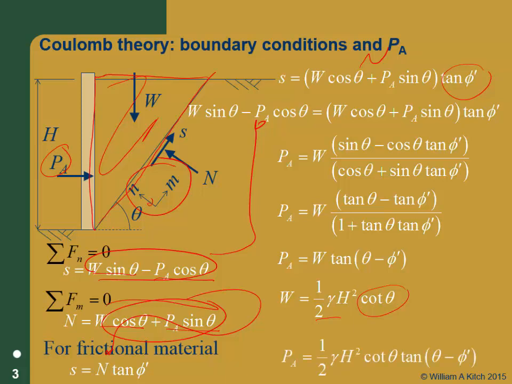All right. So I'm going to put that all together, and that gives me the active earth pressure force is 1/2 gamma h squared cosine theta tangent of the quantity theta minus phi prime. And I'm just going to transpose that on the top of the next page in just a minute.